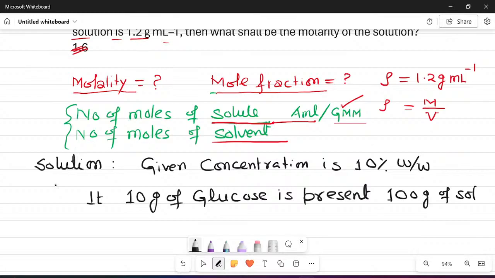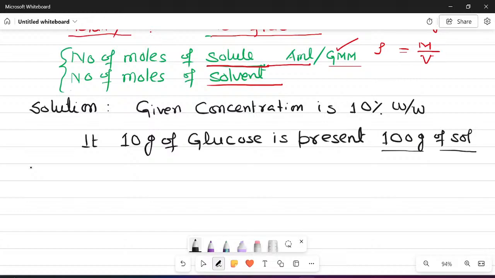So do remember here, 100 gram is mass of solution, that is solute plus solvent. So mass of solute, mass of glucose, is equal to 10 gram, and mass of solvent is mass of solution minus solute, that is mass of water is 90 gram.